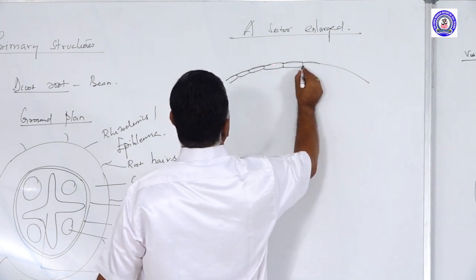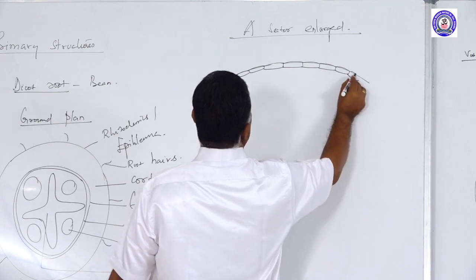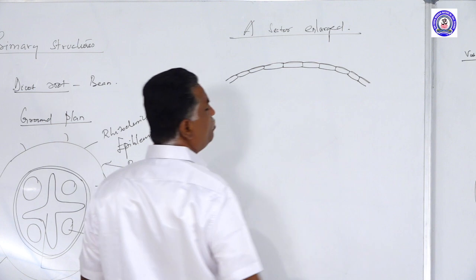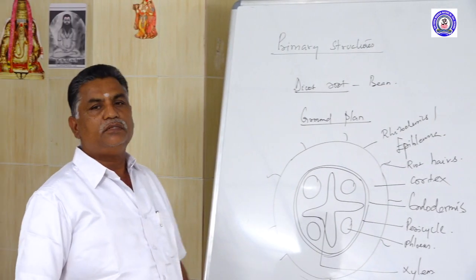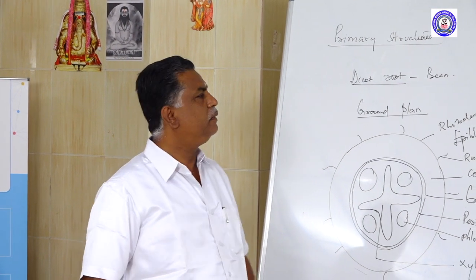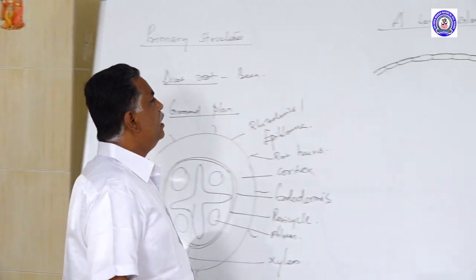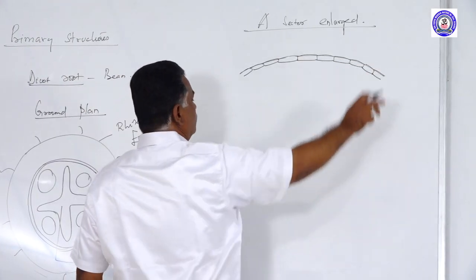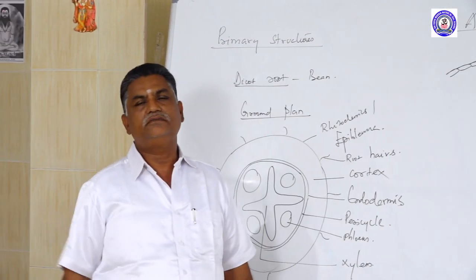Rhizodermis is a single layer of tightly packed barrel-shaped parenchyma cells, and there are no intercellular spaces in between, and there is no cuticle. In the case of roots, cuticle is absent.